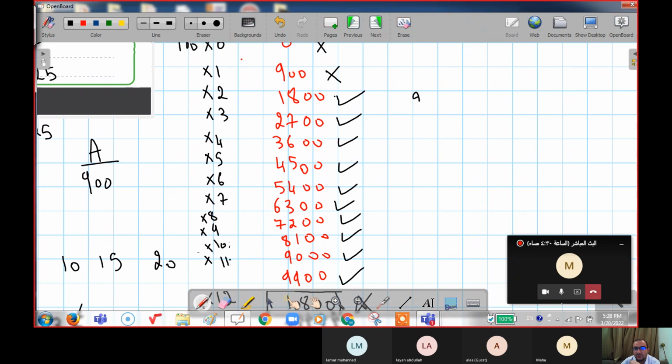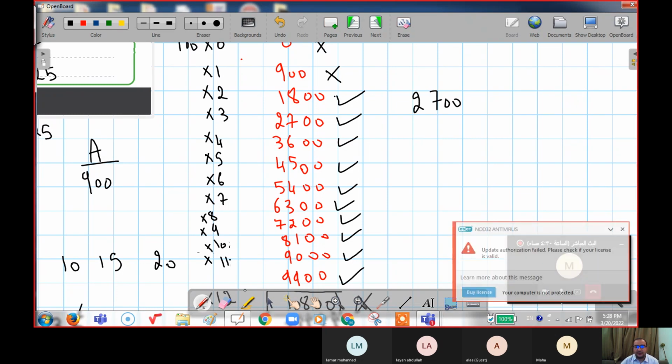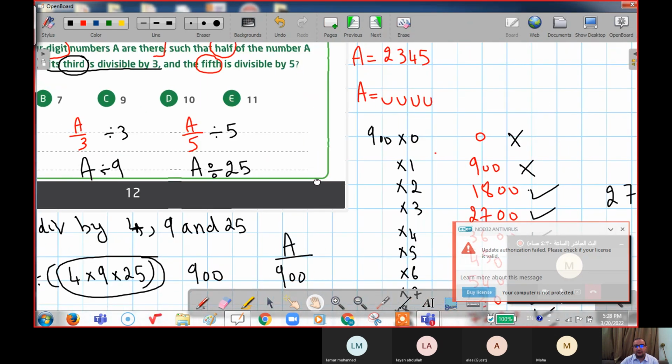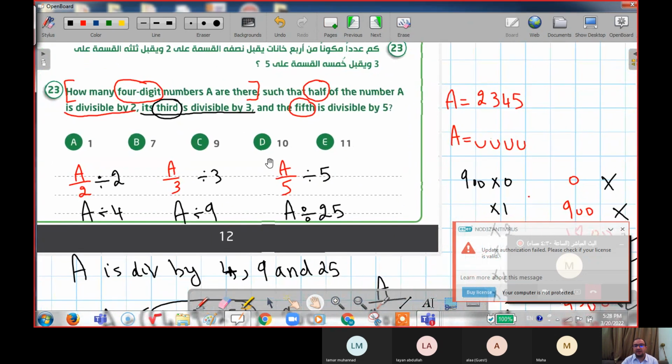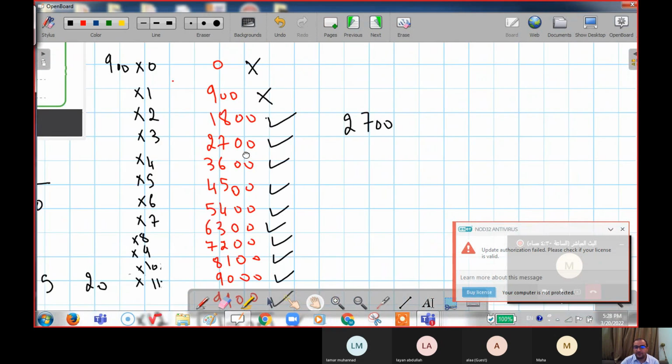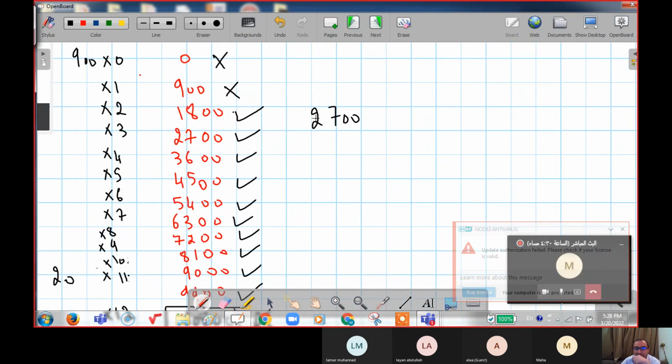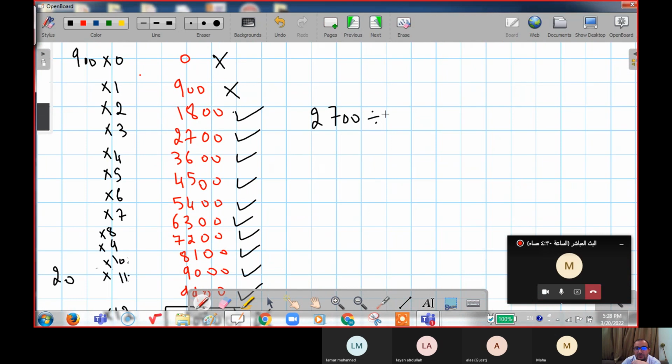So 2,700. The question says that half of A is divisible by 2. So 2,700 divided by 2 will be 1,350.